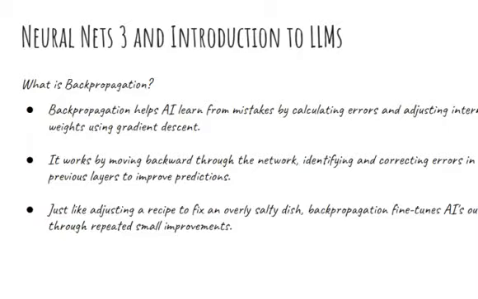If the output is incorrect, it starts working back through the previous layer, adjusting weights and biases using gradient descent to get the correct output. It repeats these steps over millions and millions of times, and these small improvements add up, making the AI extremely accurate.